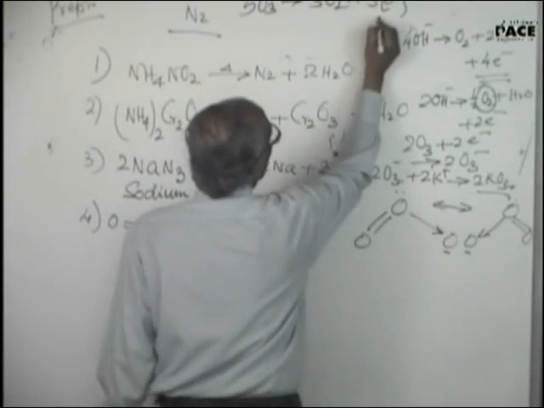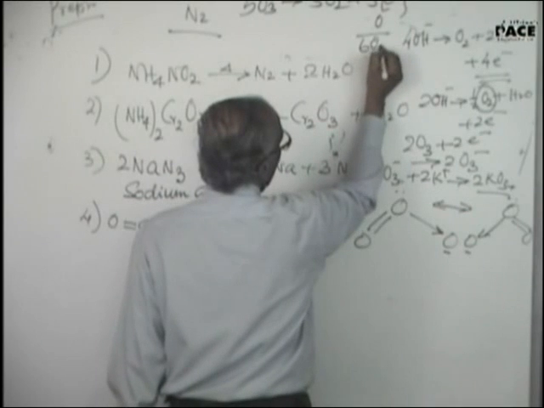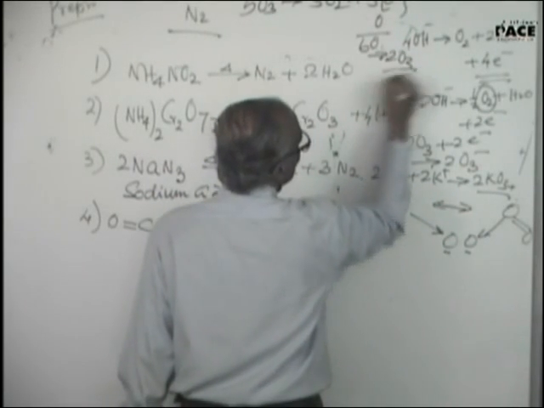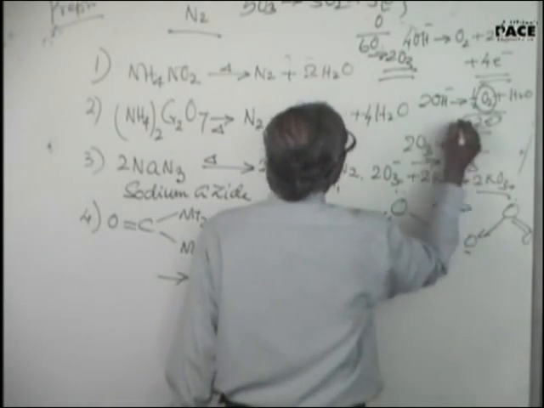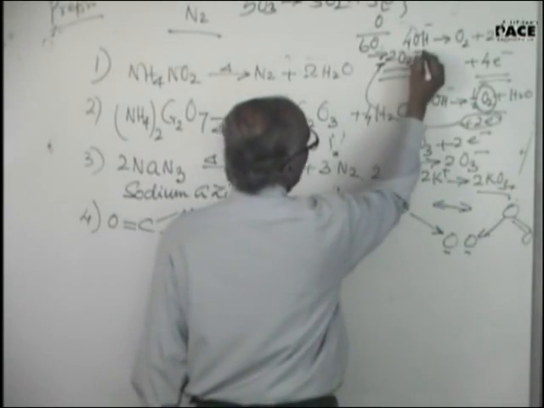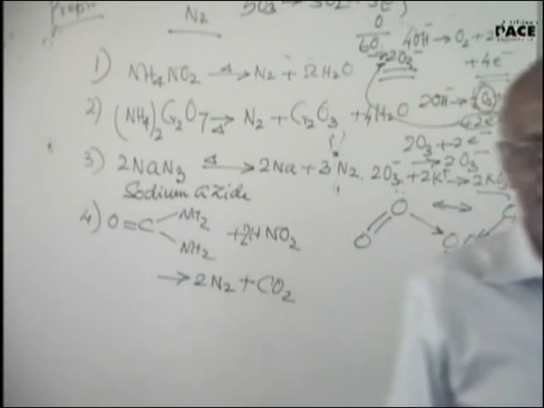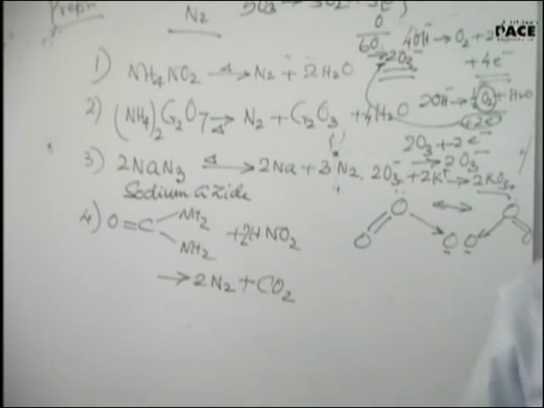So 6 oxygen atoms give me 2 ozone, and 2 electrons give me 2 ozonide. It combines with potassium and you get potassium ozonide. It took me just 1 minute after it struck me that hydroxide is my source of electrons.